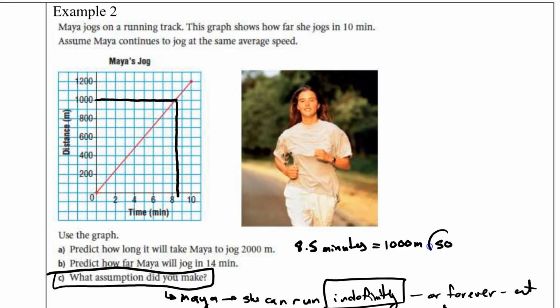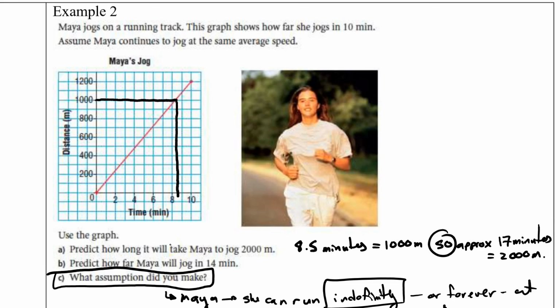That means if I double the distance, I will double my time. So approximately 17 minutes equals 2,000 meters. Let's use the same technique to predict how far she will jog in 14 minutes.